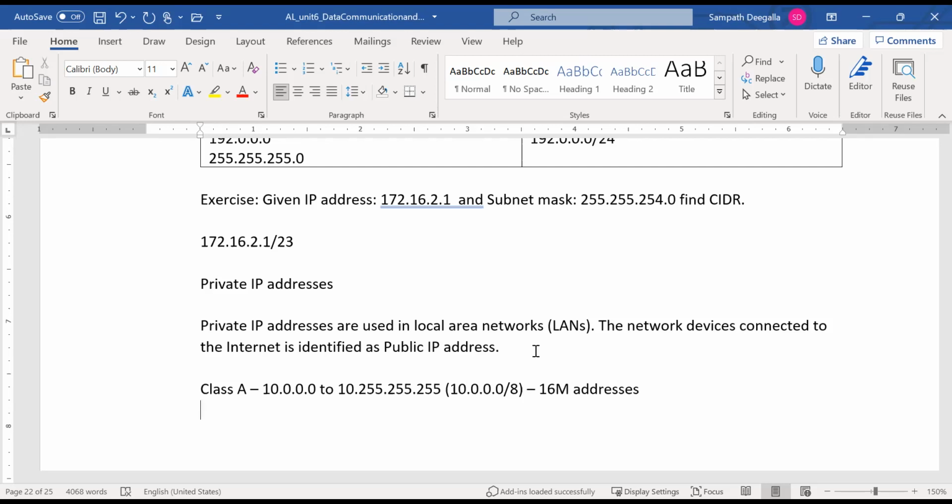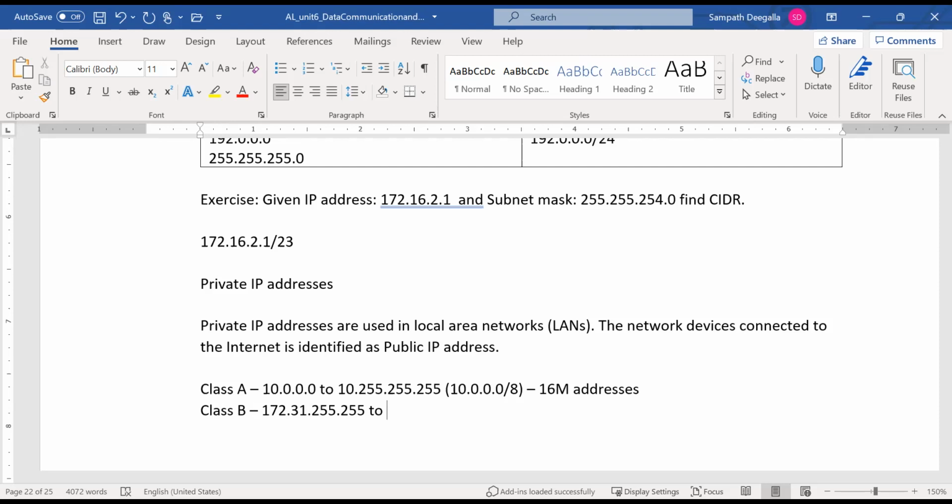Too much, isn't it? Then class B starts with 172. I hope you remember the ranges by now. Sorry, I made a mistake here.